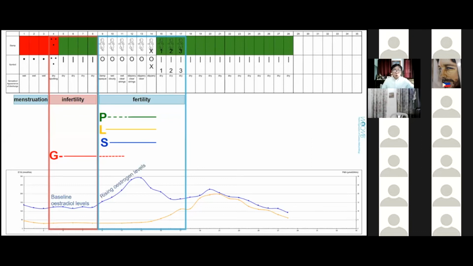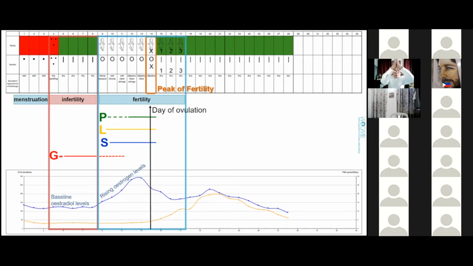And now look at the rising estrogen from day 9 going to the peak day. The highest amount of estrogen is on the day before ovulation. Okay? The peak day is the last day of the slippery sensation, and most of the time, it is the day of ovulation.